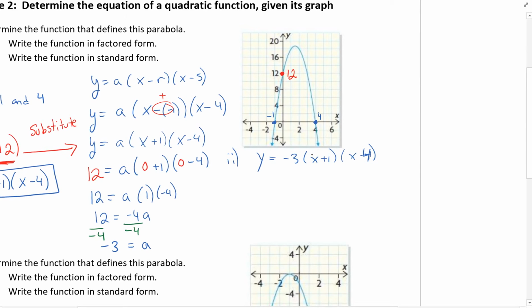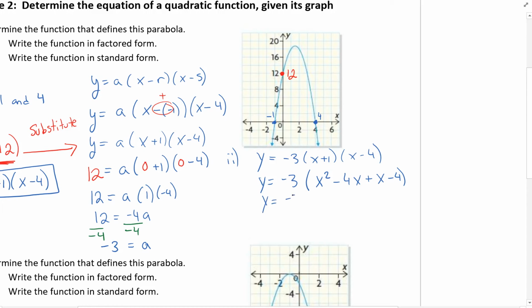Distribute the x. So x times x. I'm going to leave the −3 coefficient. So first gives me x squared. Outside gives me, that's a negative in front of there, right? −4x. Inside gives me a plus 1x. And last gives me −4.